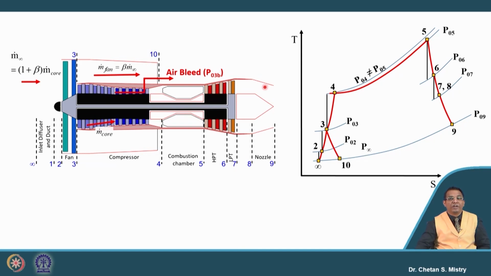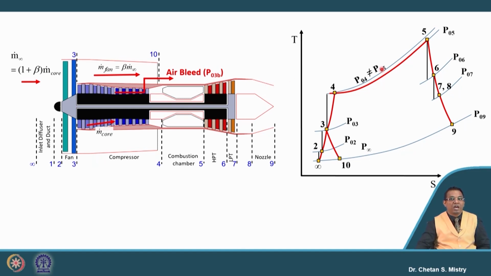This is representing our T-S diagram or H-S diagram, which is equally important. Once we have the information about all the stations, it will be easy to calculate the parameters and we will not commit any mistake.